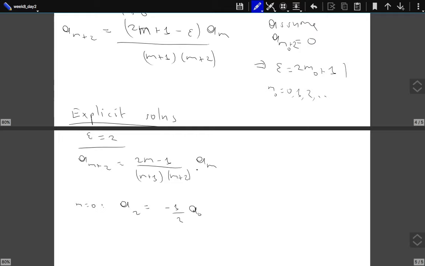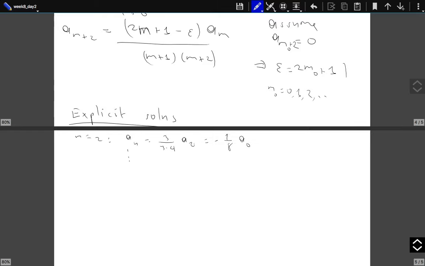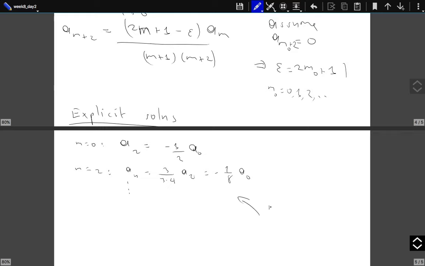If I put m equal to 2, A4 is equal to 3 over 3 times 4, A2. So this is minus 1 over 8, A0. Etc. It doesn't terminate. So this is basically the non-normalizable solution.